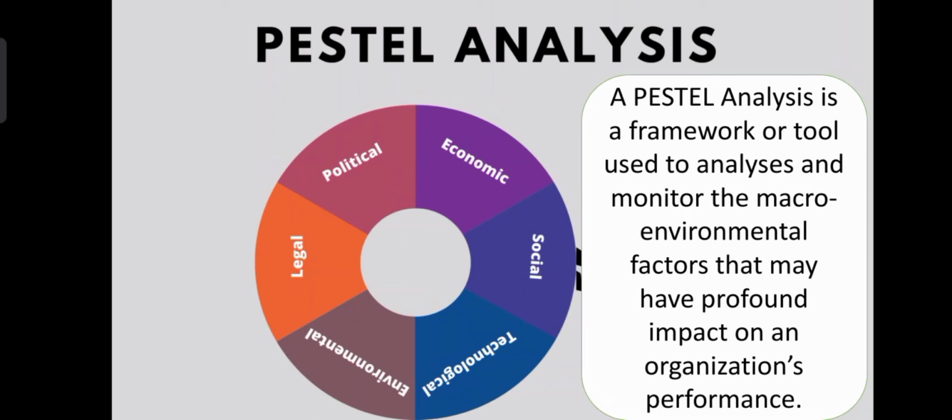PESTEL analysis is very important because it is connected with the SWOT analysis to arrive at the best analysis of your company. Because the SWOT analysis has internal and external analysis, PESTEL analysis only focuses on the external part of the business environment.